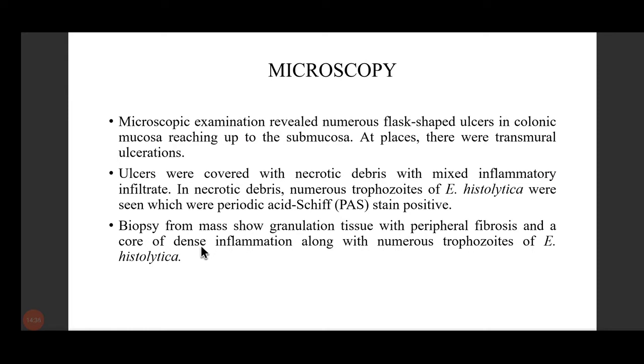In the necrotic debris of the ulcer, you could see Entamoeba histolytica trophozoites, which were PAS positive. Biopsy from the mass. Okay, there was a cecal mass, you know. Biopsy from the mass shows granulation tissue with peripheral fibrosis with a core of dense inflammation along with numerous trophozoites of Entamoeba.